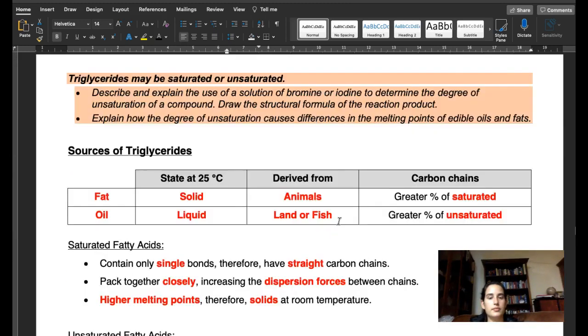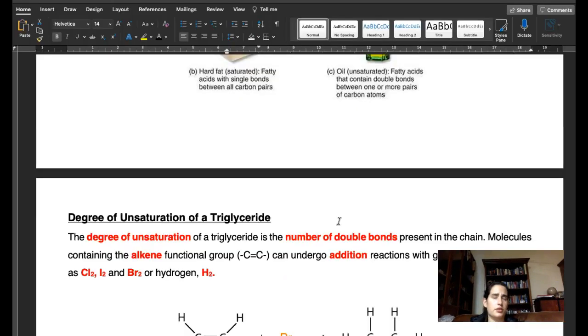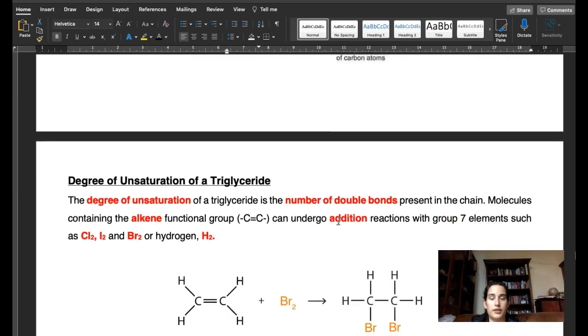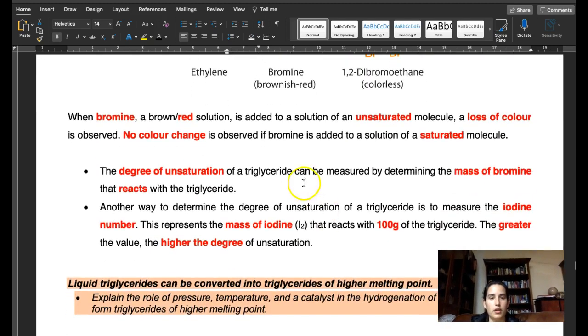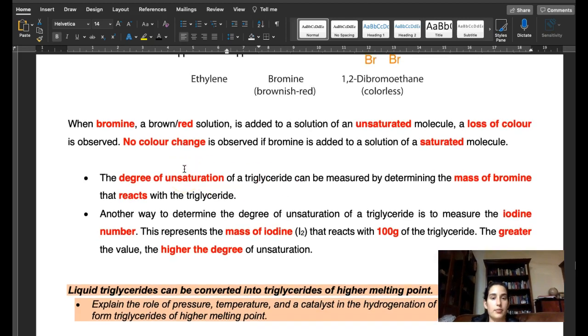Okay. If I only have to add a little bit in order for it to go colorless, I've got fewer double bonds or triple bonds. If I add it and nothing happens, well then it's obviously going to be saturated. So we can actually measure, if we measure the mass that reacts, that will tell us the degree of unsaturation.